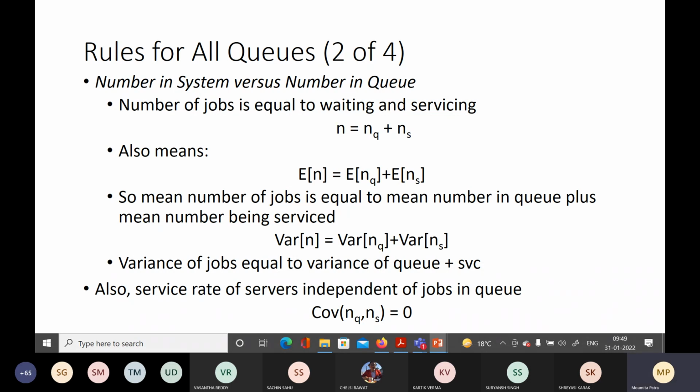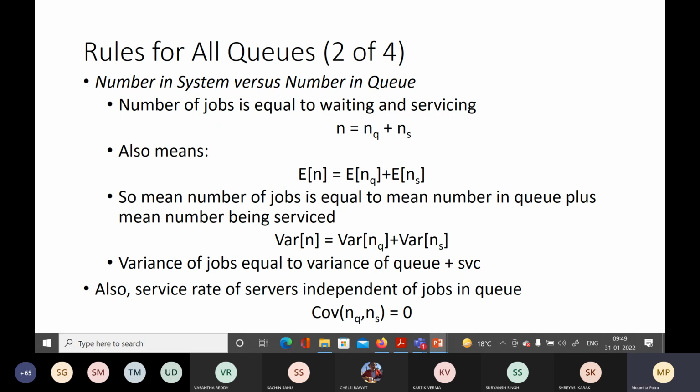Then the last point is that the service rate of servers is independent of the jobs that are in the queue.